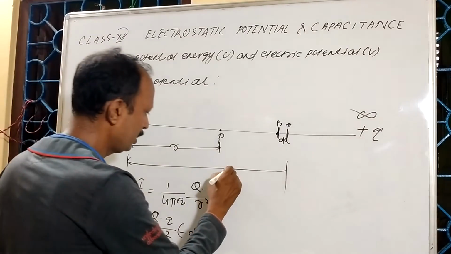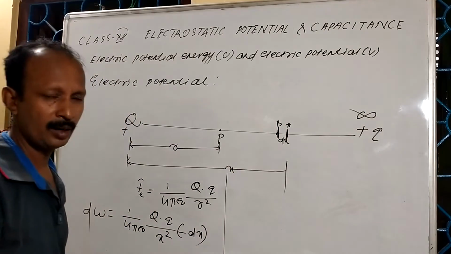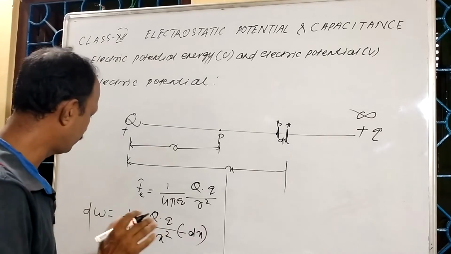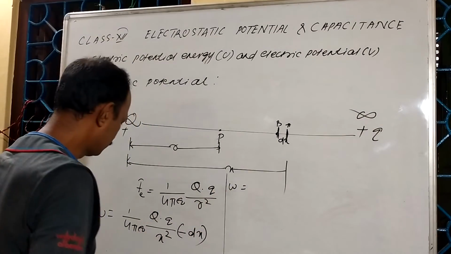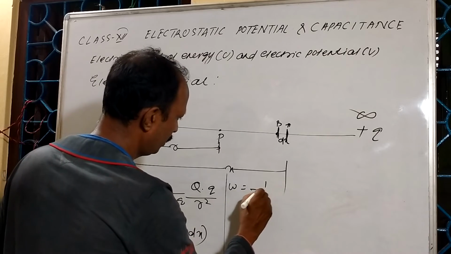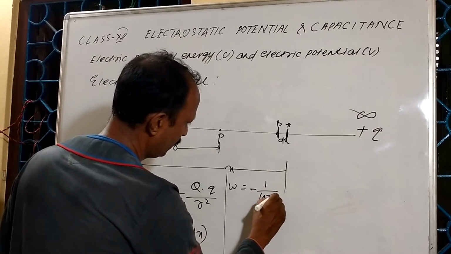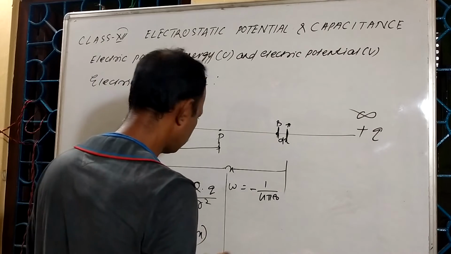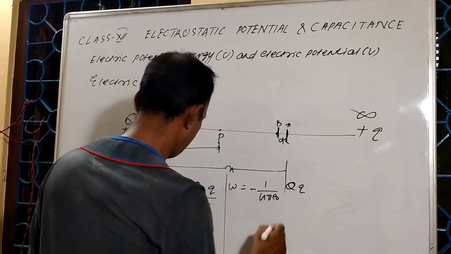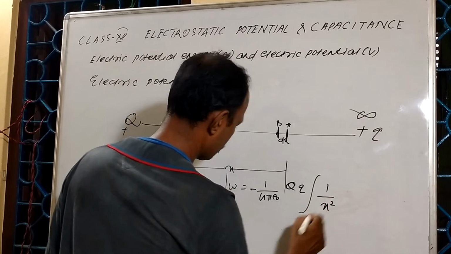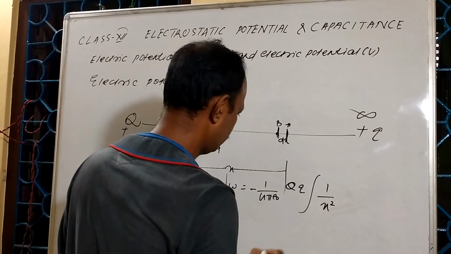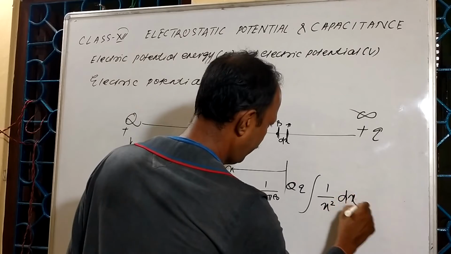So if I want to find the complete work, I can say that this work is equal to negative 1 upon 4 pi epsilon naught, Q into q, integral of 1 upon x square into dx.